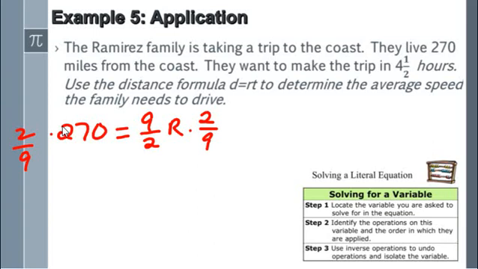I can simplify here, divide by 9 here, divide by 9 here, and you get 30. So 2 times 30 would give you a rate of 60 miles per hour. That's how fast they would need to go to get there in 4.5 hours.